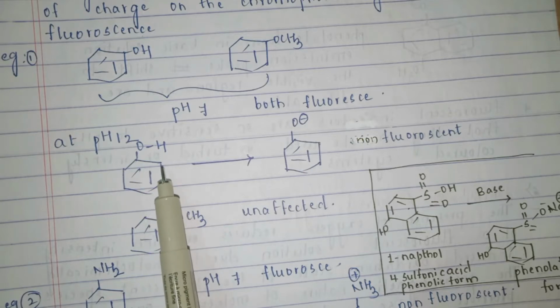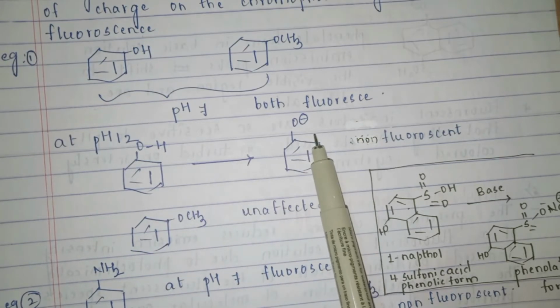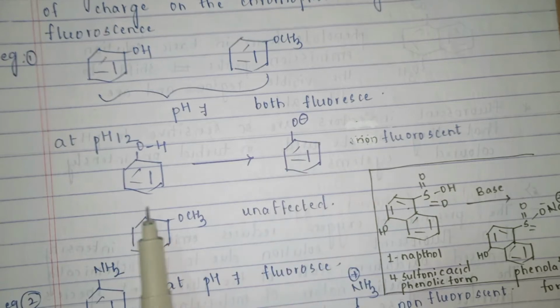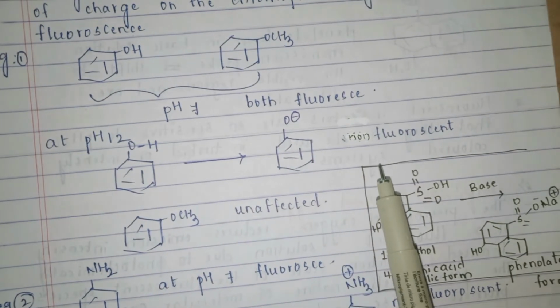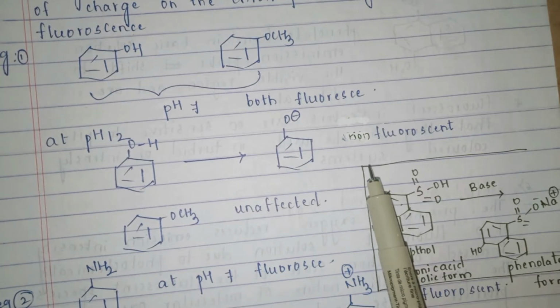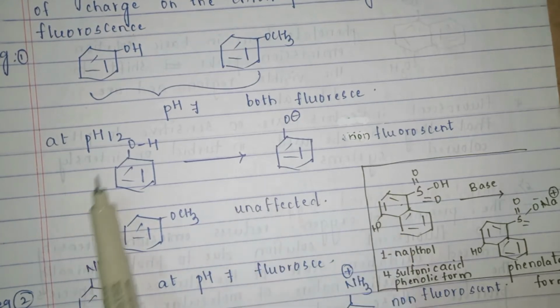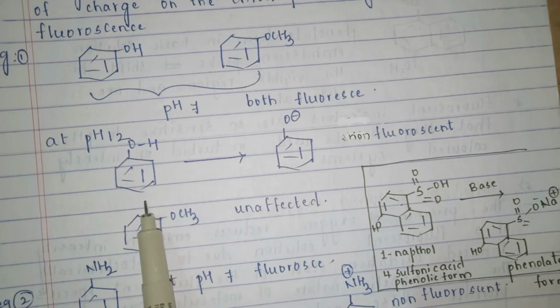Once the proton gets abstracted, it gives me a phenolate ion. From a fluorescing molecule, it has turned itself into a non-fluorescent molecule. This is the influence of a basic pH on phenol.